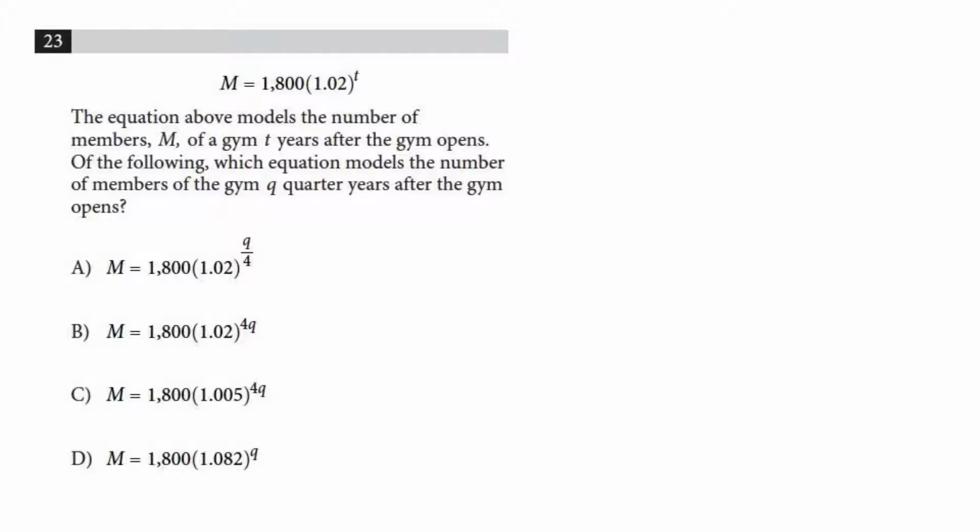So if you wanted t to equal, say, 1, and this would be 1 year, well, 1 year is 4 quarters. 4 quarters divided by 4 would give you the 1. Okay. Well, quarters divided by 4 will give you the number of years.